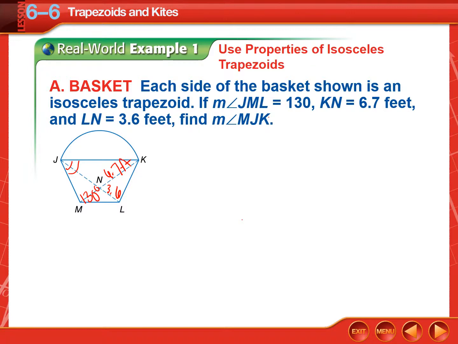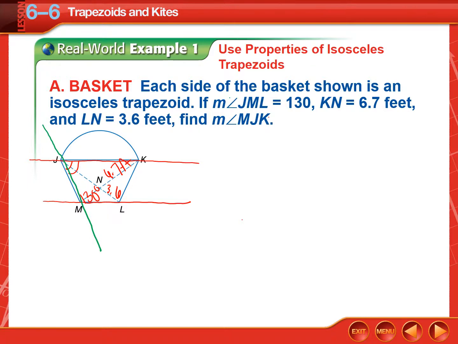Now, notice, I'm not even going to use the properties of a trapezoid other than the definition of it. So we know that JK is parallel to ML because it's a trapezoid. And we know that that pair of opposite sides are parallel to each other. Now, what that does is that makes JM a transversal.